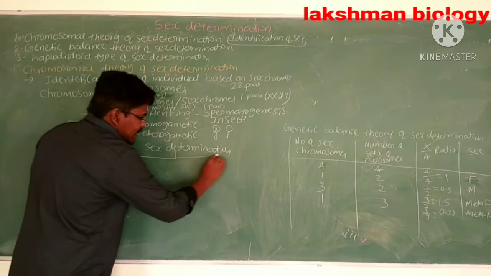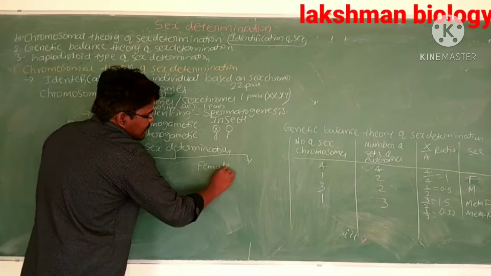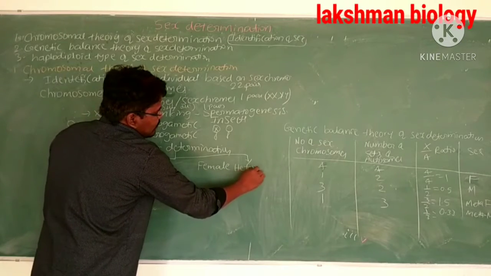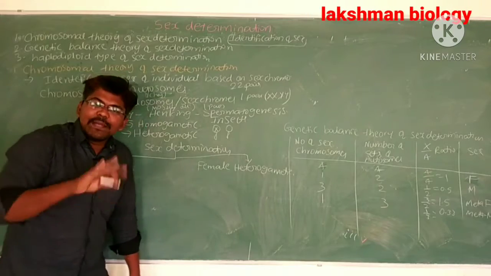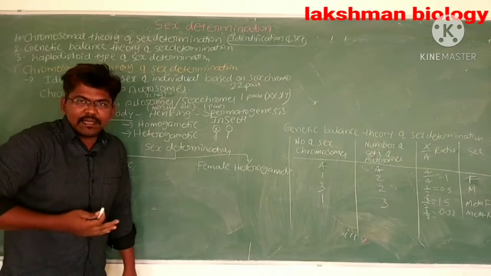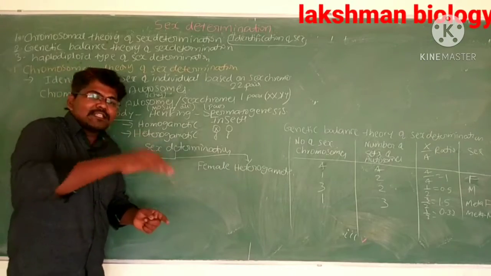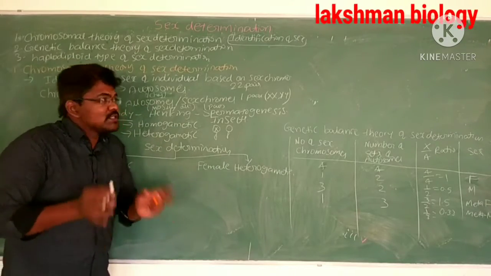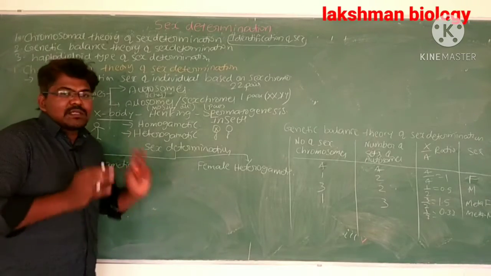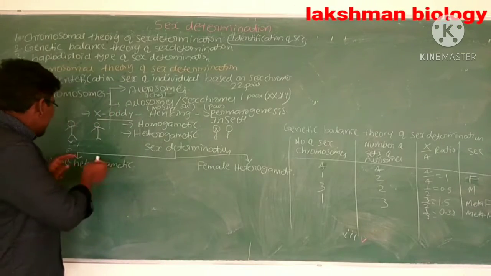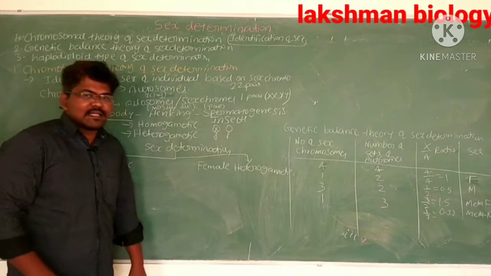The second type is female heterogamatic, where the female is the heterogamatic organism and produces different types of gametes, and the male is homogamatic and produces similar gametes.